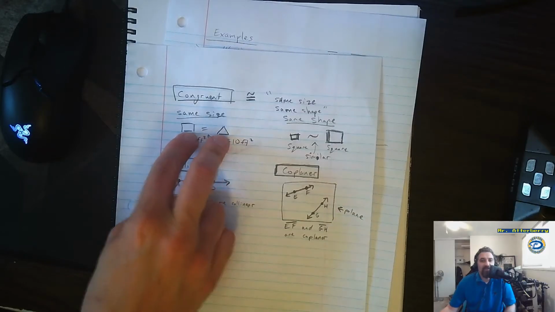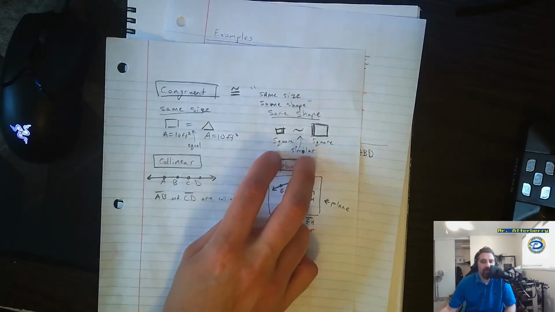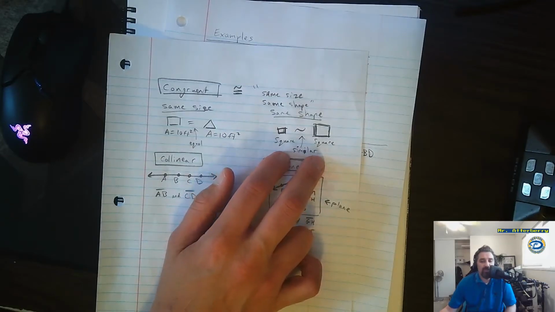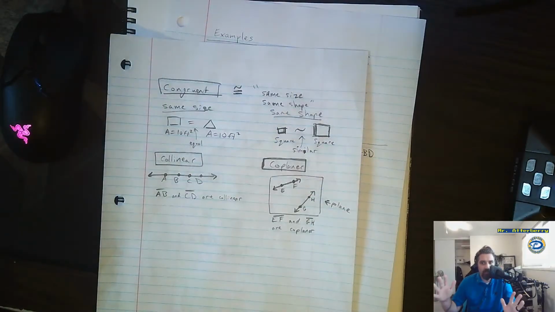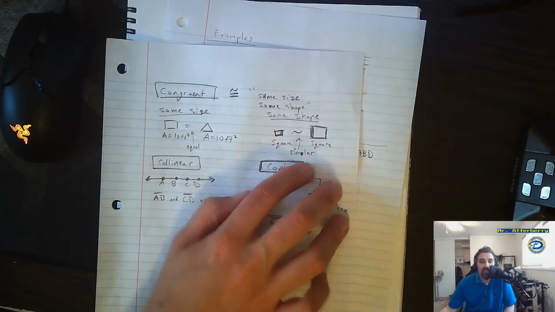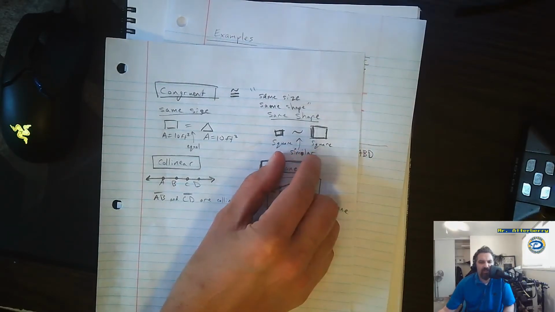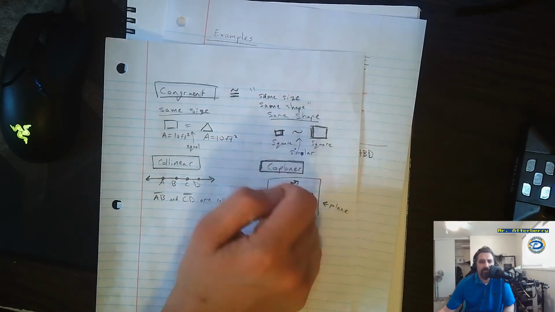If they look the same, like two squares, they have the same shape, and we call them similar. Think about a model car that looks exactly like a real size car, but it's just scaled down. That would be a similar shape. The two squares that have the same shape but different sizes are called similar.